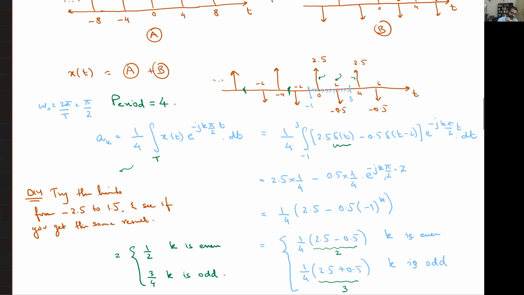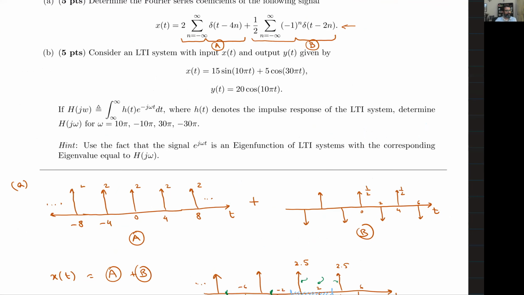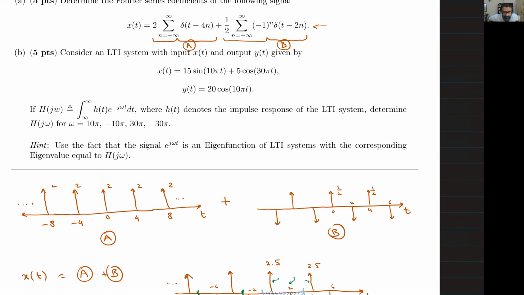So here's part B, which is sort of related to the CEP exercise as well. Mehreen asked me to do that. And hopefully with this it should become clear, right? So now you have x of t as an input to a system, which has an impulse response h of t and frequency response H of j omega.